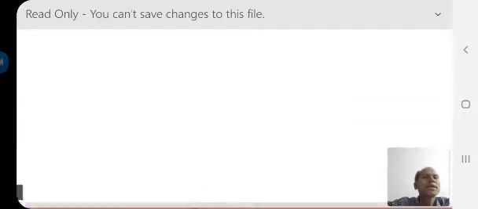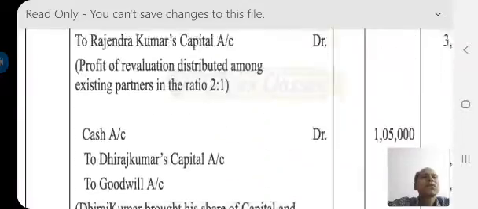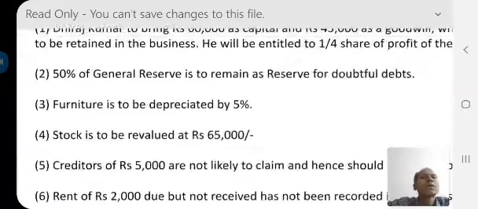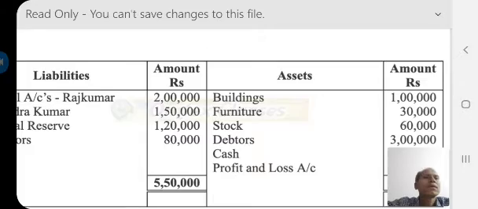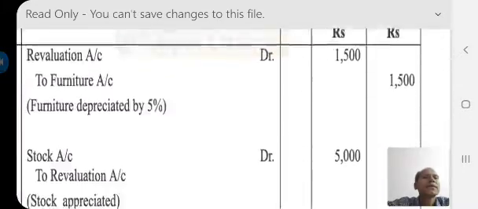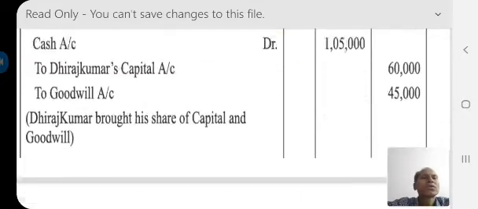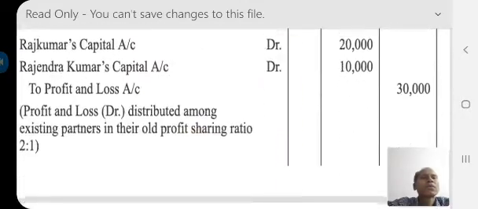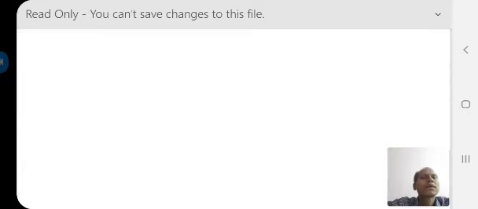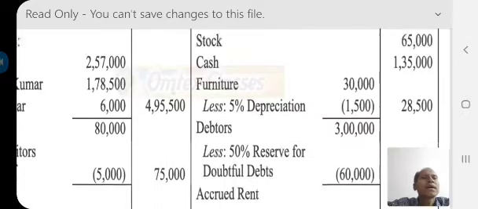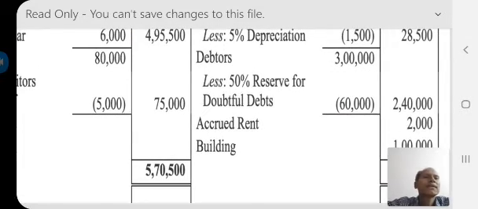Yes, we shall see in the problem. Debtors are 3 lakhs. See, here debtors are 3 lakhs.